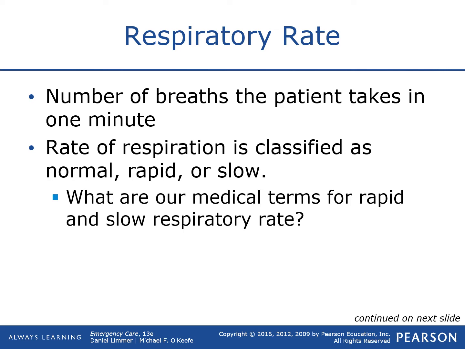So rapid breathing would be tachypnea. Very hard word to say for me for some reason. If we have slow breathing, our prefix is brady, with the same root word, so we could have bradypnea. That's a more uncommon way to say it. We usually say that the respiratory rate is very slow, but you can always put medical terms to what we're talking about in medicine.